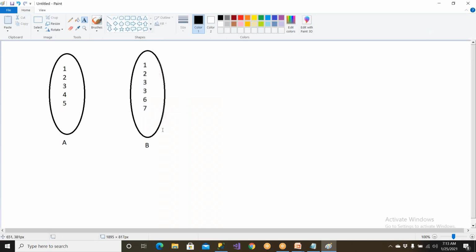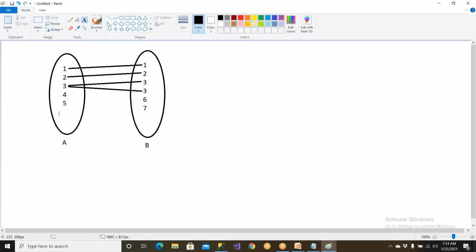This is my data. I have set A and set B, and I wanted to know what is the matching data. So 1 and 1 is matching, and 2 and 2 is matching, and 3 and 3 is matching, and again this 3 and this 3 is matching. For 4 there is no matching row, for 5 there is no matching element, and 6 and 7 also have no matching element.